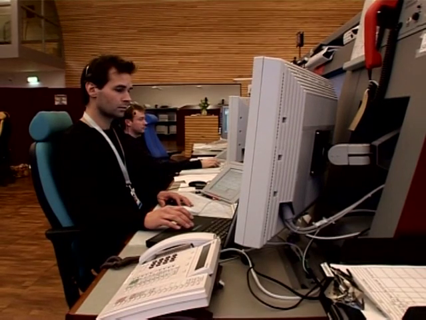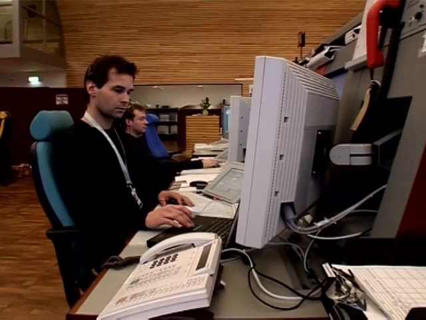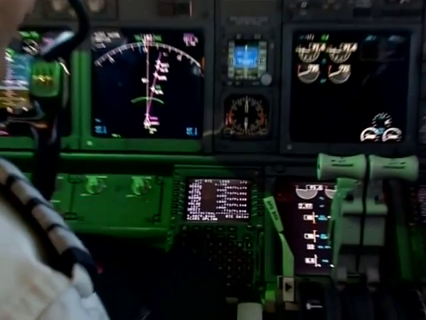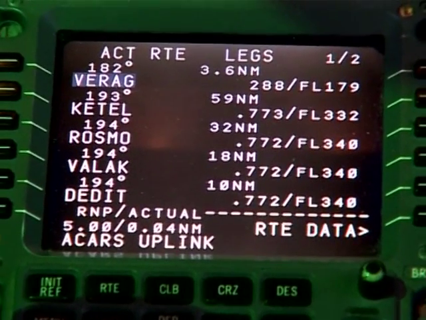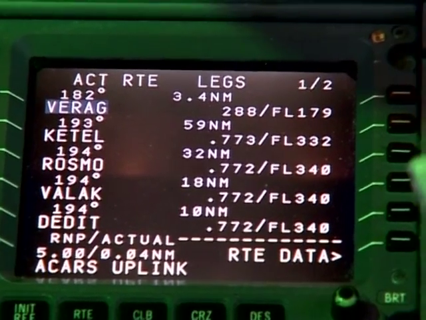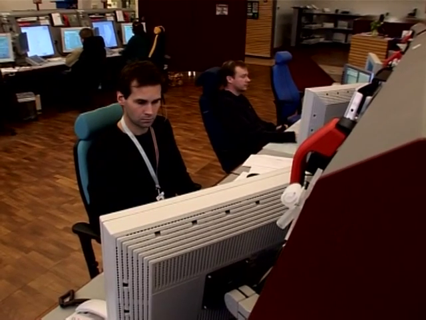The pilots are using the flight management system the same way we are using the flight management systems today. The controller accesses the information without the pilots knowing that the controller is looking at it. And when he has done his assessment, he either lets the aircraft fly or he comes up with a constraint.